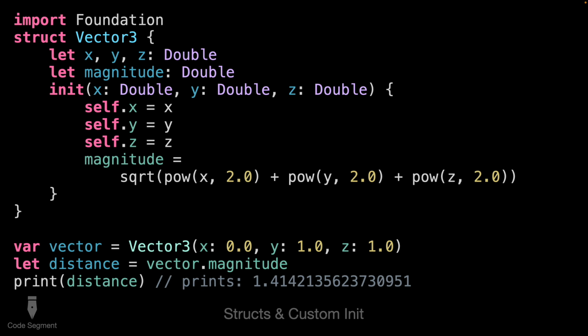Is there a reason why magnitude doesn't get self dot in front of it? Yes. Great question. So the question was, is there a reason that magnitude does not need to have the self dot keyword in front of it? And the answer is yes, there's a very good reason.